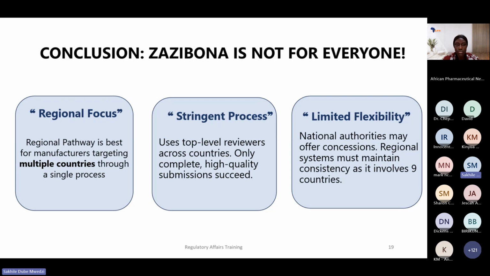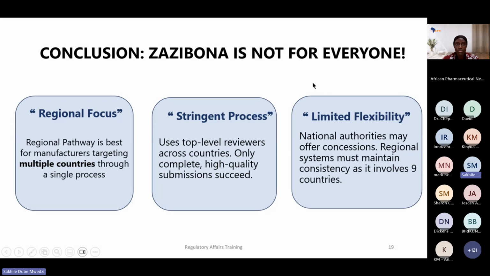So this is what we mean by the flexibility, that a regulator can then say, no, it's fine. I don't mind, I can forego the palatability at this stage. Because given the public health risk or the public health interest, I am willing to forego that. But at ZAZIBONA, we cannot do that. So regional systems really need to maintain their consistency to safeguard you and ourselves.